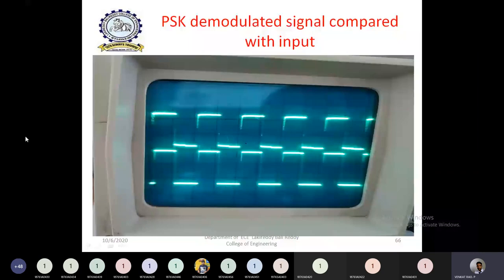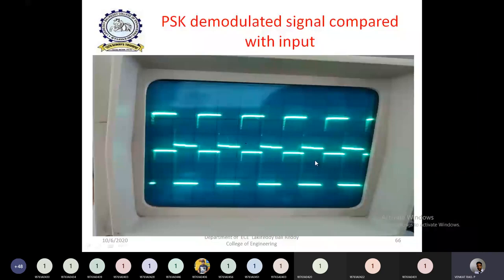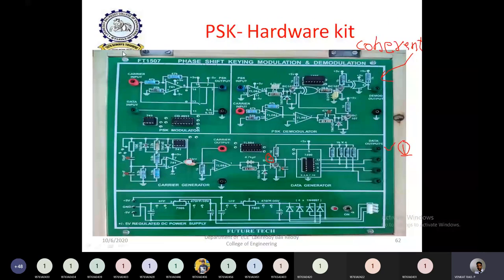So if the input bit sequence is 101010, the demodulated bit sequence is also the same, that is again 10, 10 and 10. But this is the basic example I have shown to you. So you need to repeat this process for different input data sequences, and you should be able to identify the corresponding PSK output, how the phase changes are obtained, and the corresponding bit sequence.